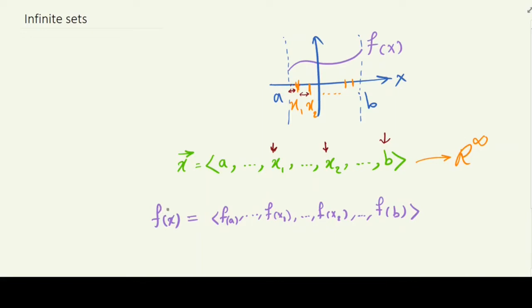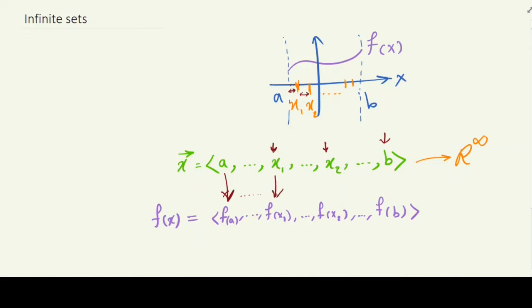Now you can think of another vector like f, which is just an infinite dimensional vector, each component of which is just the value of function f of x acting on that given coordinate that you get from vector x. For example, the first component of f is going to be f of a, and then you're going to have an infinite number of components until you get to x1.